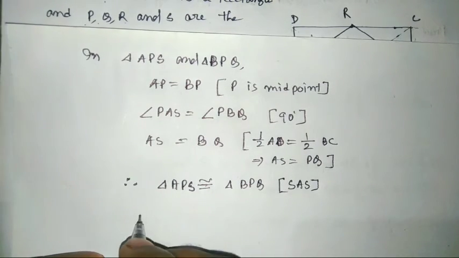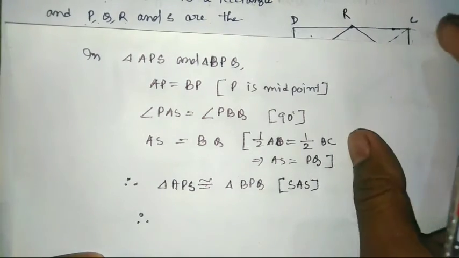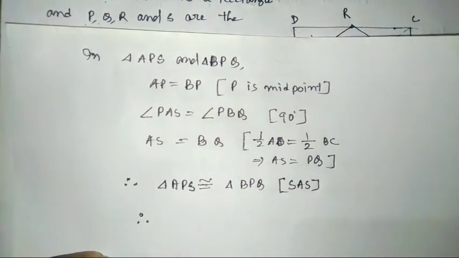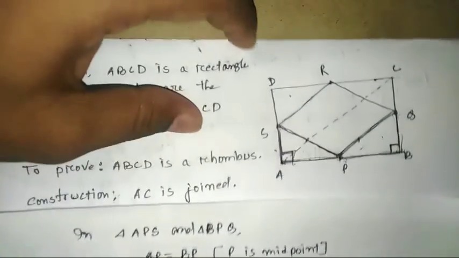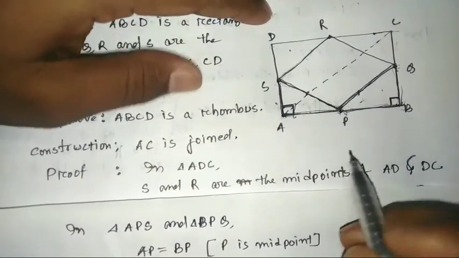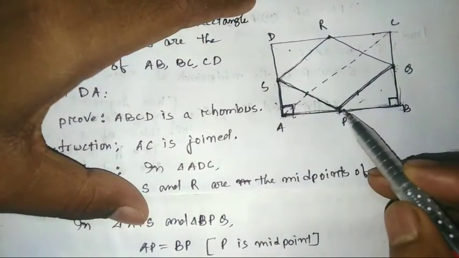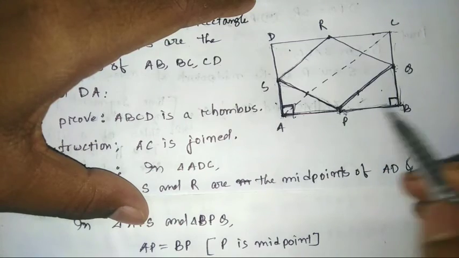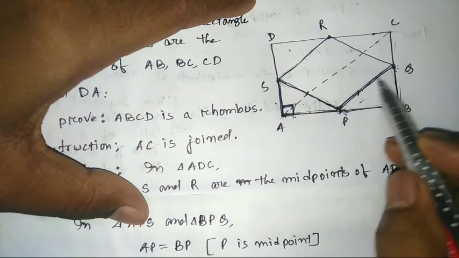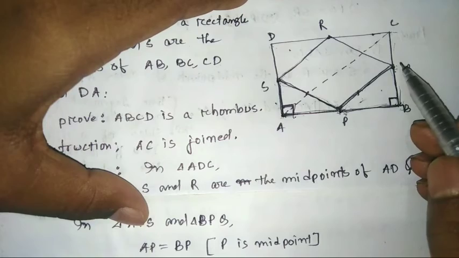Therefore, when two triangles become congruent, all their corresponding parts become equal. So now we can say that in triangle APS, PS is equal to PQ of triangle BPQ, because their corresponding parts PS and PQ are equal.